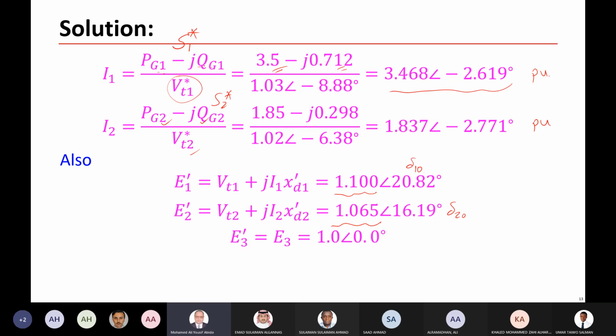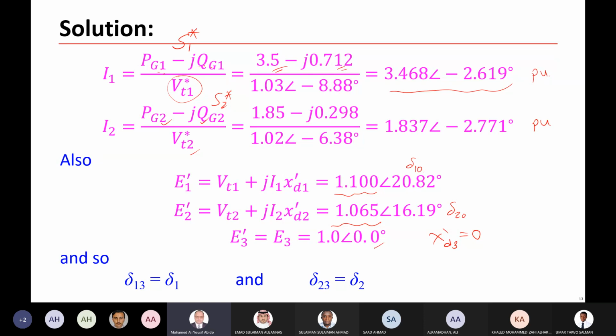Of course, for the third machine, you have E prime the same, constant, because Xd prime equals 0 as we mentioned earlier. And the Xd3 prime, since it is an infinite bus, is equal to 0. So E equals V. Delta 3 equals 0.